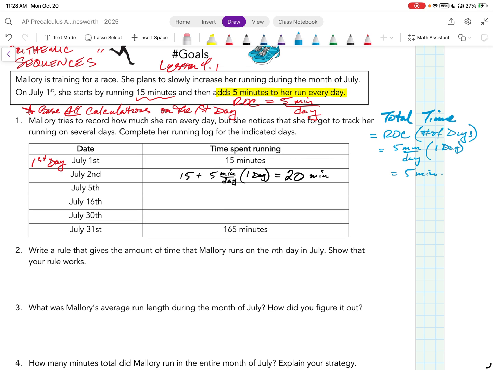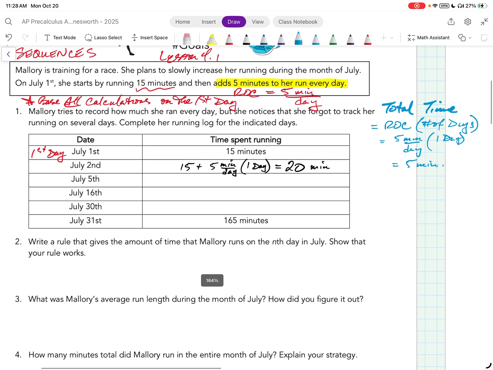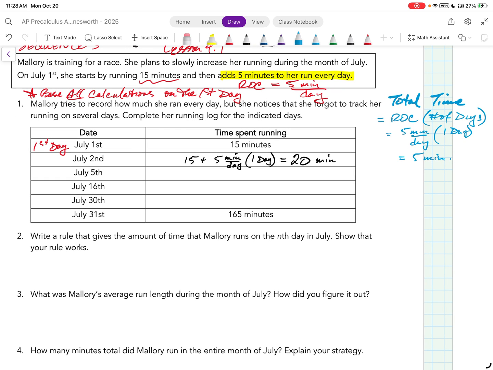Now we're going to base everything on the first day. I'm going to do one more, and then I'm going to put you guys up on the boards, if you're in class, to figure out the rest of the time on any given day of the month, but always base calculations on the first day. For example, to go from the 1st to the 5th, that's 4 days.